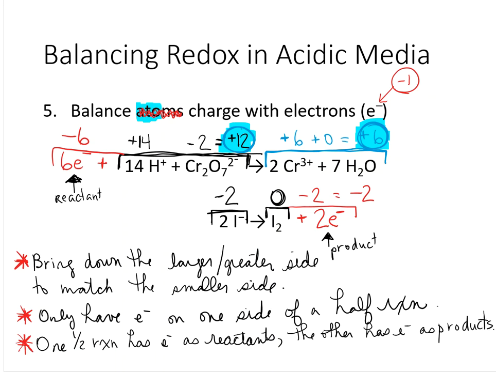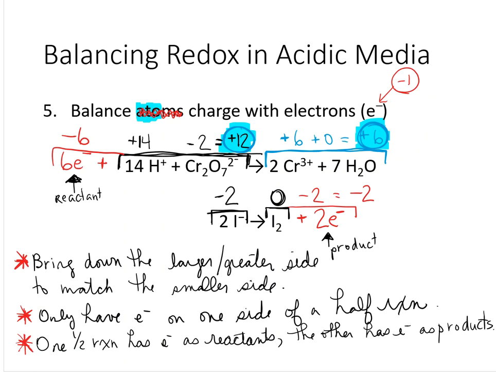If you get to this point and you've got both of your half reactions and they both have electrons in the reactants, you've done something wrong and you need to go back and look at all of the other steps. If you've done it right, one has electrons in the reactants, and one has electrons in the products.